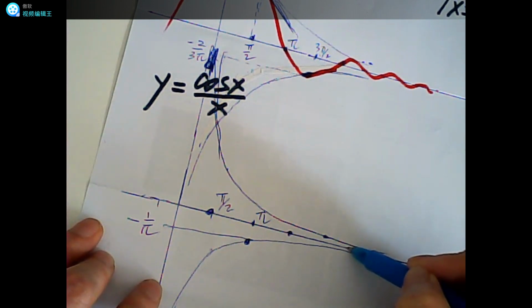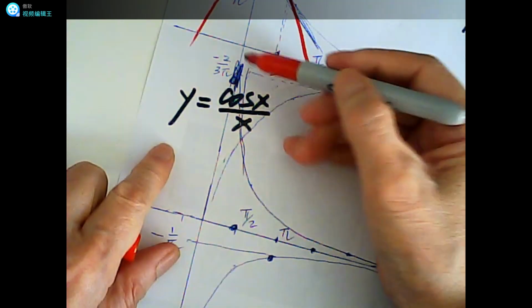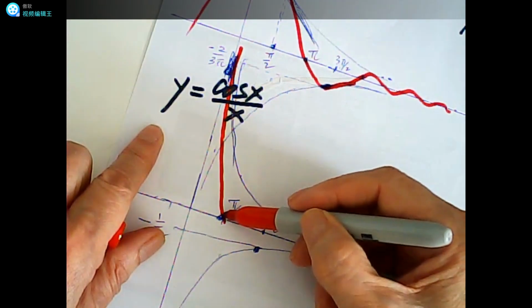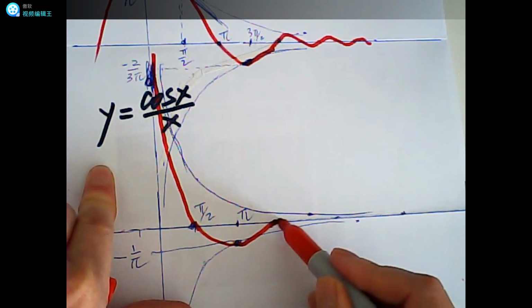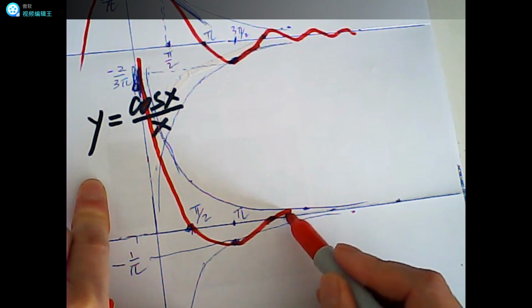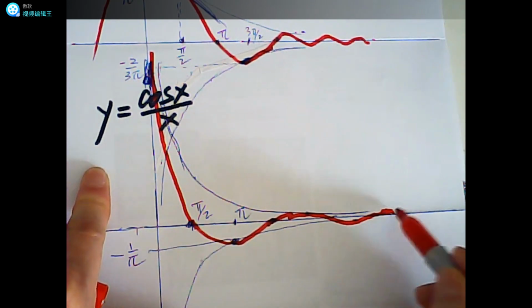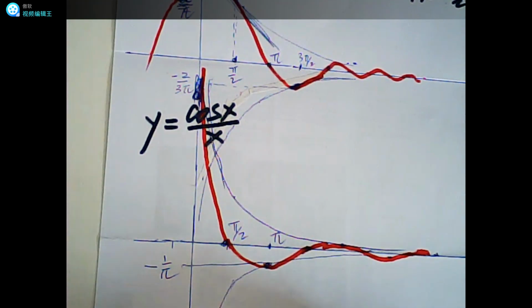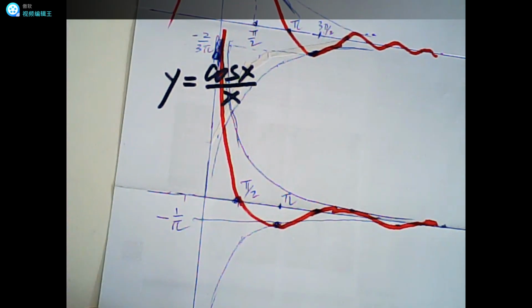The next point is 0 again, and the next point here. See, the curve is something like this. I can only give the idea.